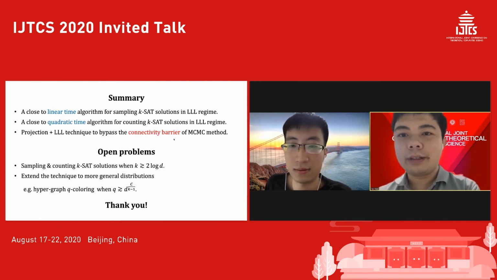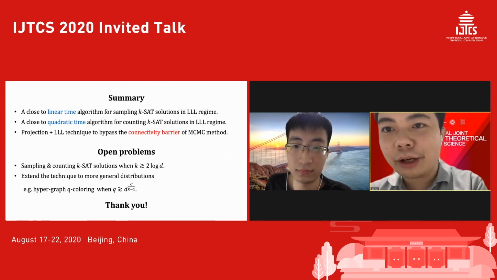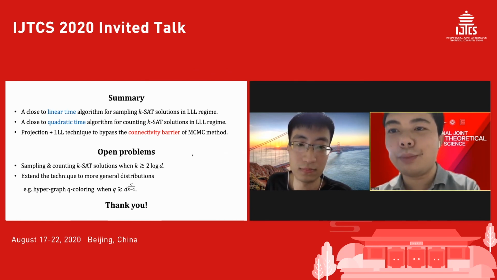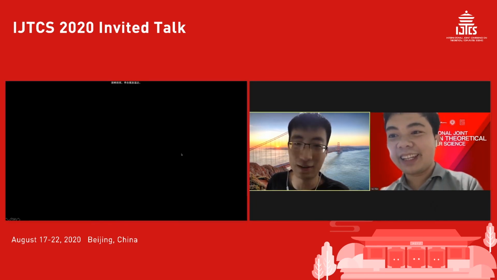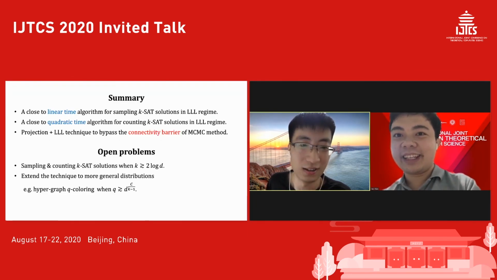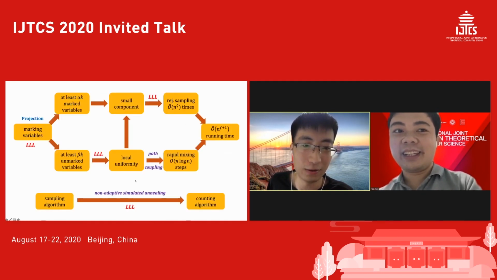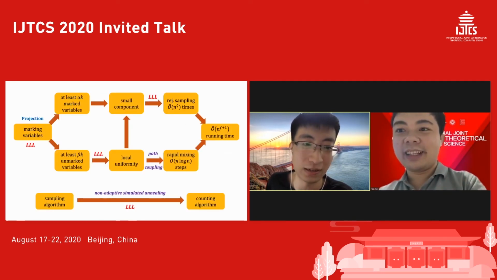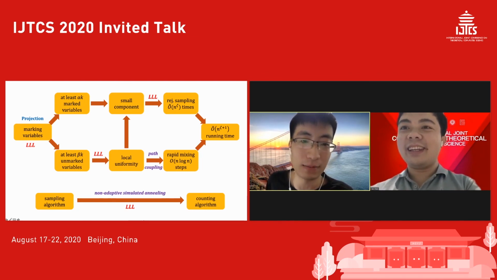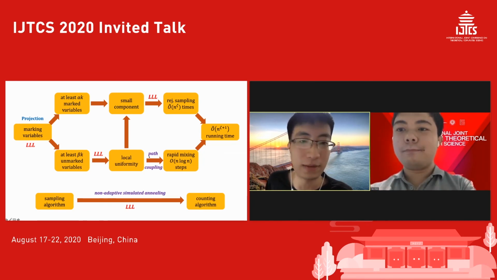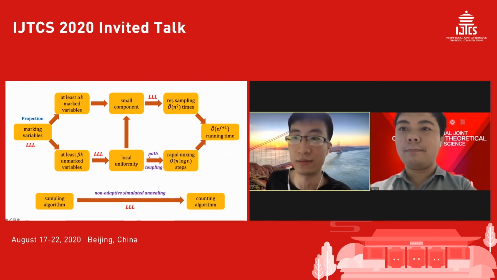Okay, cool. So there's another question. In your counting algorithm, what is mu theta? Mu theta is actually a weighted distribution. To do the counting, we need to define a weighted formula. Namely, we give any assignment a weight. Even if x is not a satisfying assignment, we still give it a positive weight.